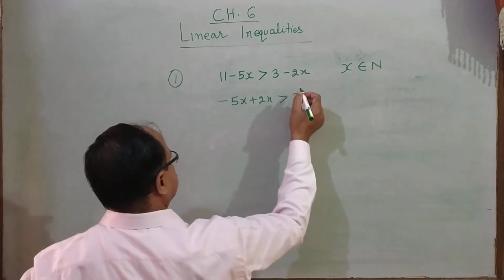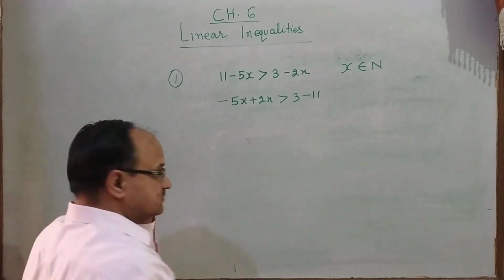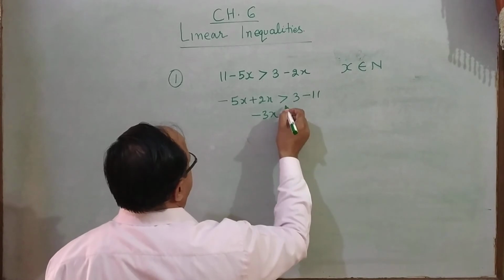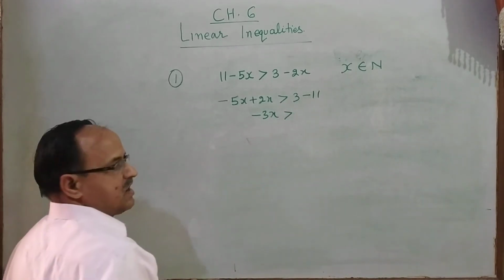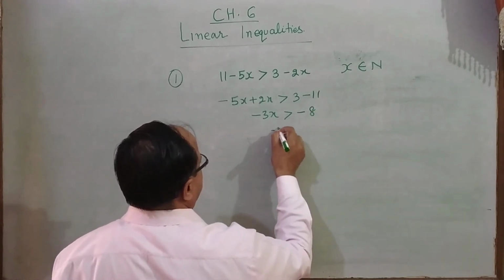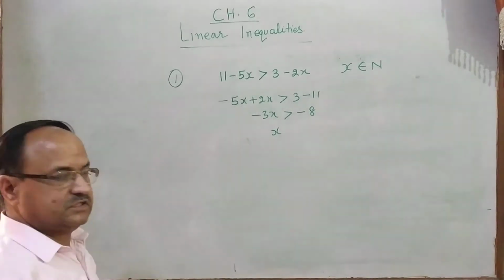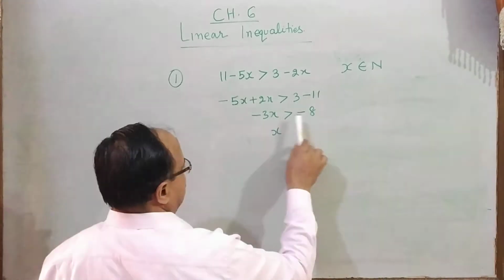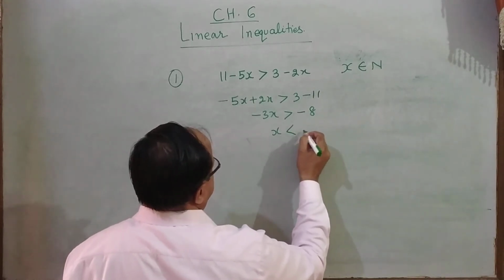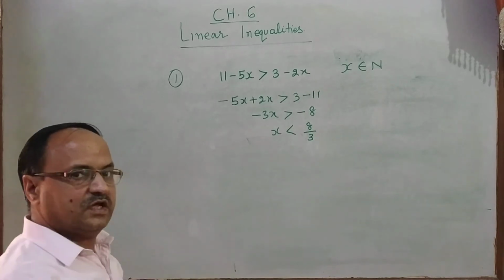This term shifts here as minus 11. Minus 5x plus 2x is minus 3x, greater than 3 minus 11, which is minus 8. Dividing both sides by minus 3, the sign will change. x less than 8 by 3.